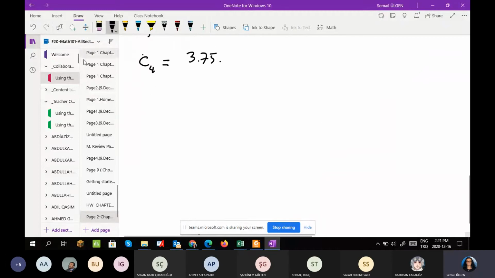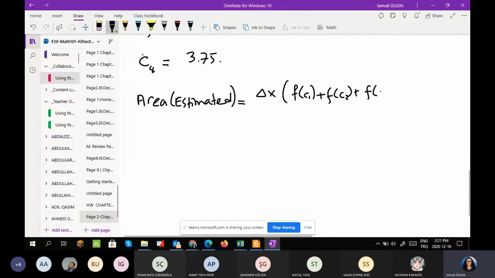And then the area, the estimated one, we are estimating it, not the exact area. Estimated one, delta x times f of c1 plus f of c2, f of c3, f of c4. You add them up.